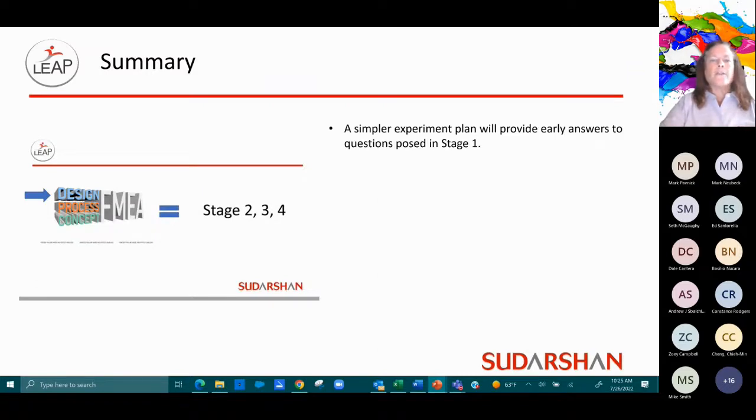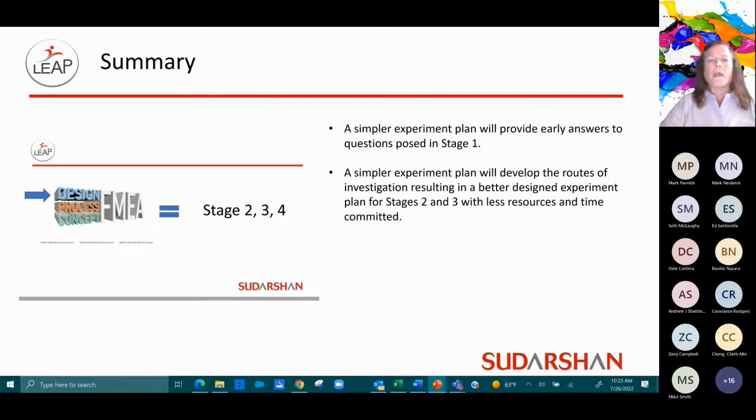And so what we found here in this stage 2, and typically not a lot of lab work is done in a stage 2, so just very simple work like this. So what this does is it allows us to answer a lot of those early questions that are posed in stage 1 part of the process.